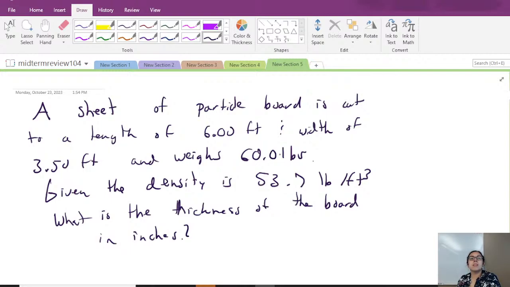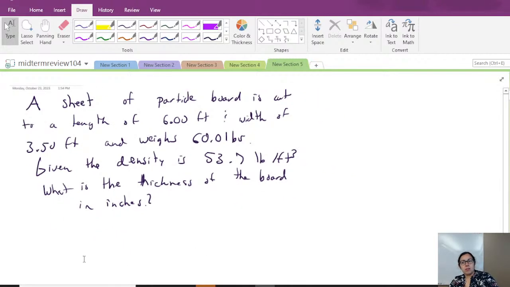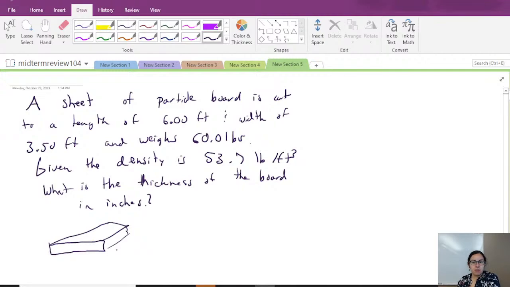Any ideas? Draw a little picture too. Right, you're thinking about a little particle board. It's going to be a pretty small thickness, but then how can we calculate that?